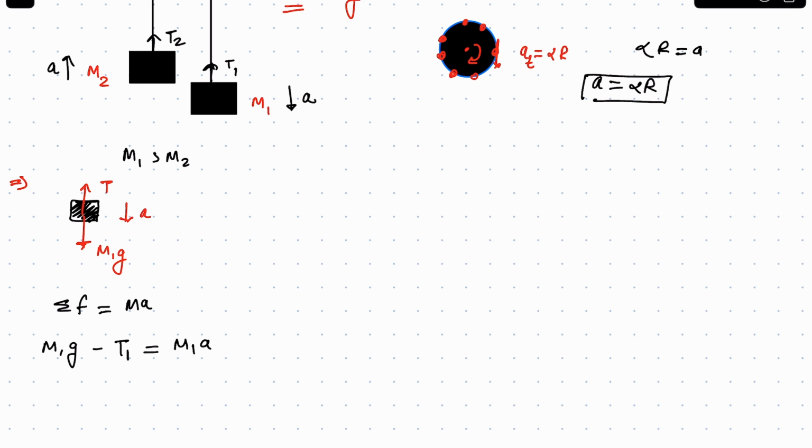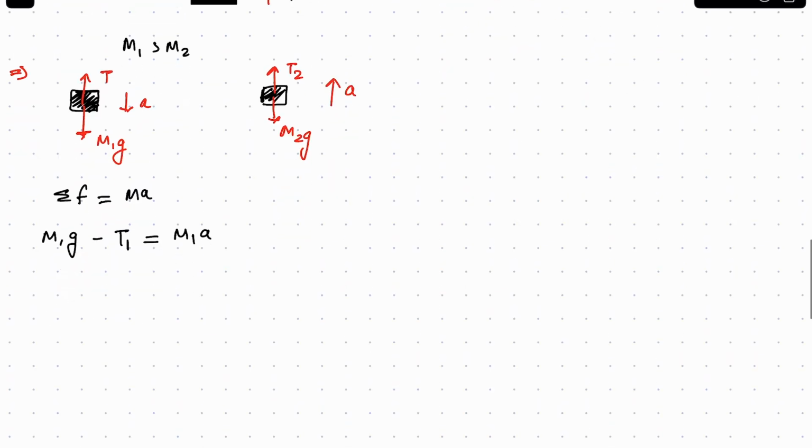Let me first write down the equation. For the second object, the FBD has T2 in the upward direction and m2g in the downward direction, and it is accelerating with acceleration a in the upward direction. So the total force equals mass into acceleration. According to Newton's law, T2 minus m2g equals m2a. Alright.